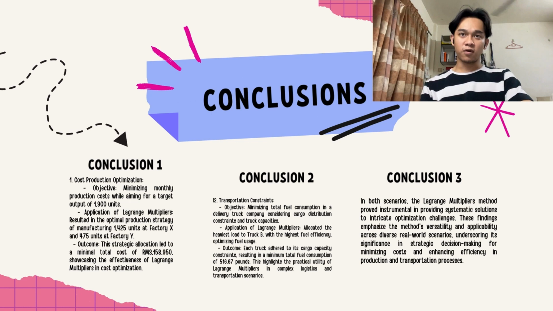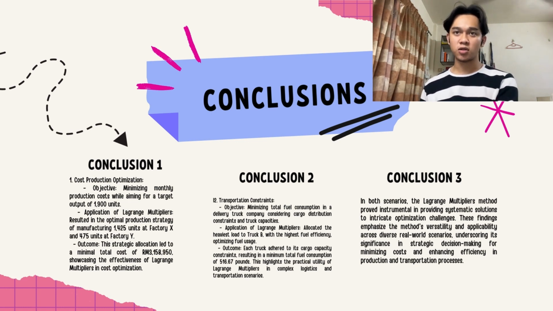The objective of transport constraint is to minimize the total fuel consumption in a delivery truck company, considering cargo distribution constraints and truck capacity.